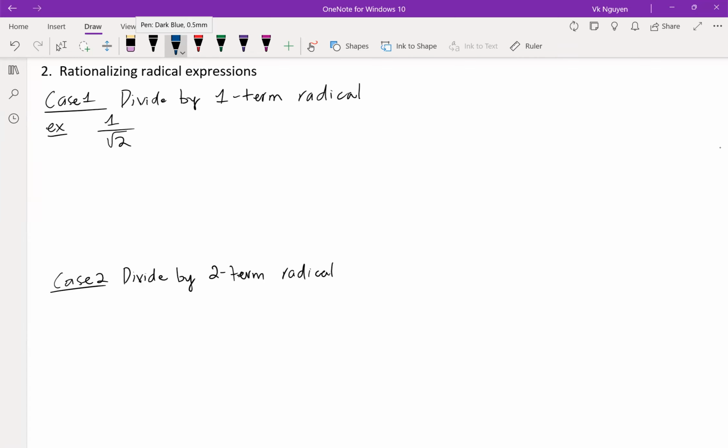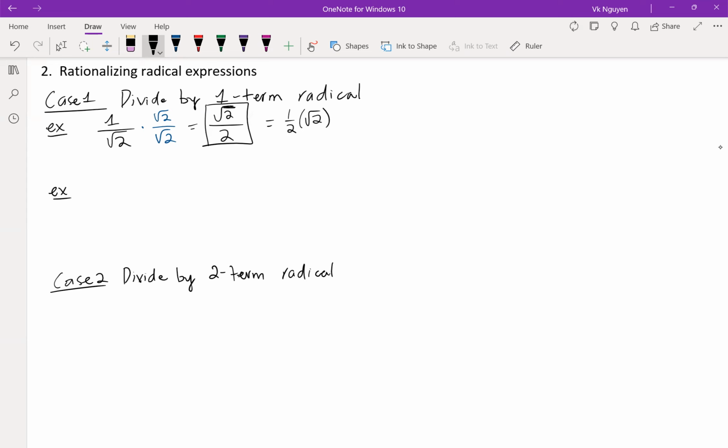So to get rid of the square root 2, we can multiply by itself, root 2. So it's going to be root 2 over root 2 because we want to multiply by the number 1. 1 times root 2 is root 2. Root 2 times root 2 is 2. So this is root 2 over 2. And we just rationalized it because this means half of square root 2.